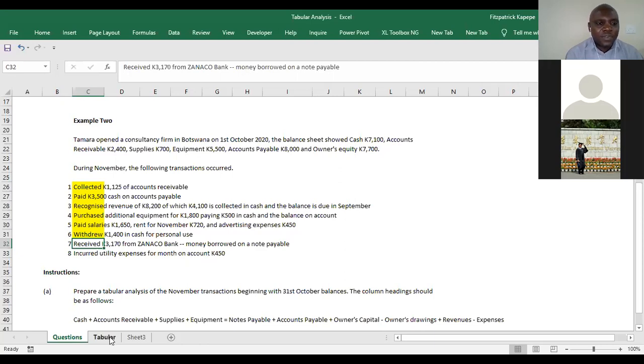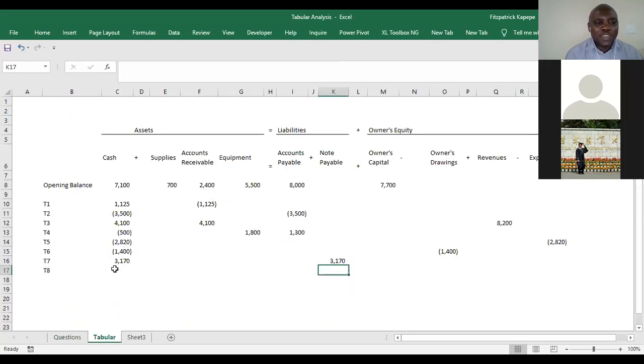So, expenses, we have no problem. Expenses, it will go here, negative 450. All expenses, you put them in negatives. Then you come this side, guys. It's not going to affect cash because there was no term used such as paid.